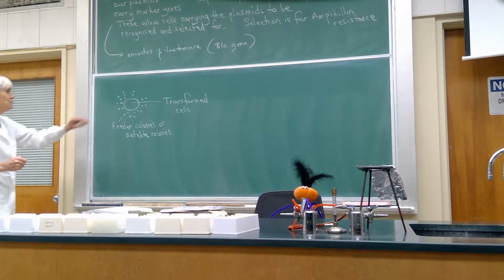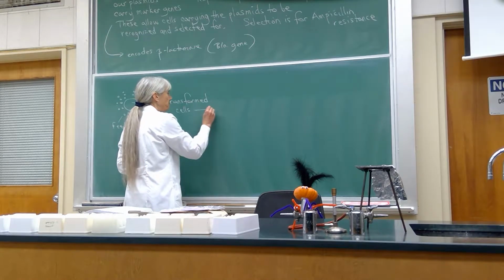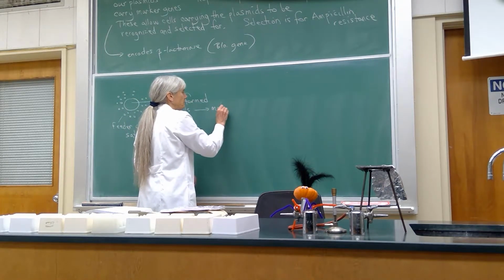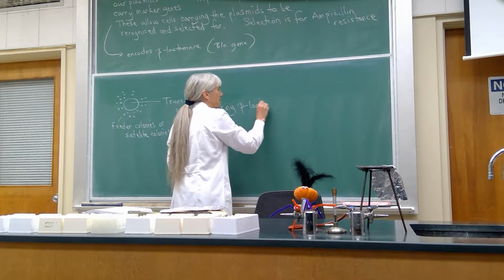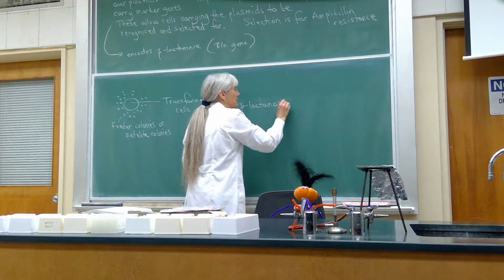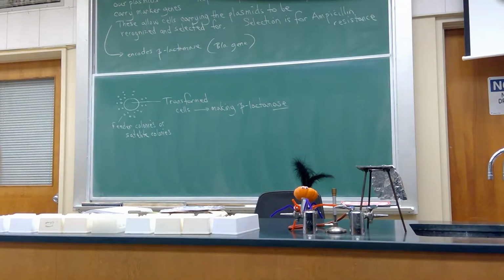What's happening is these transformed cells are producing beta-lactamase. And again, pay attention to enzyme names. Oftentimes the enzyme name tells you what the enzyme does. So beta-lactamase breaks down beta-lactam antibiotics.